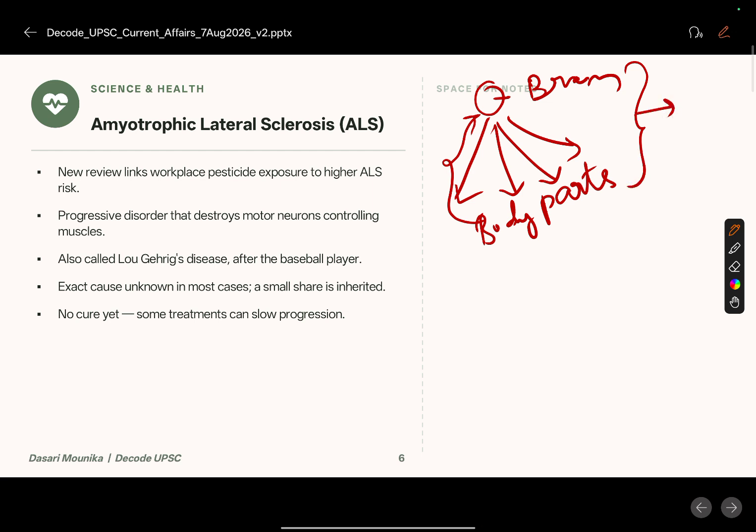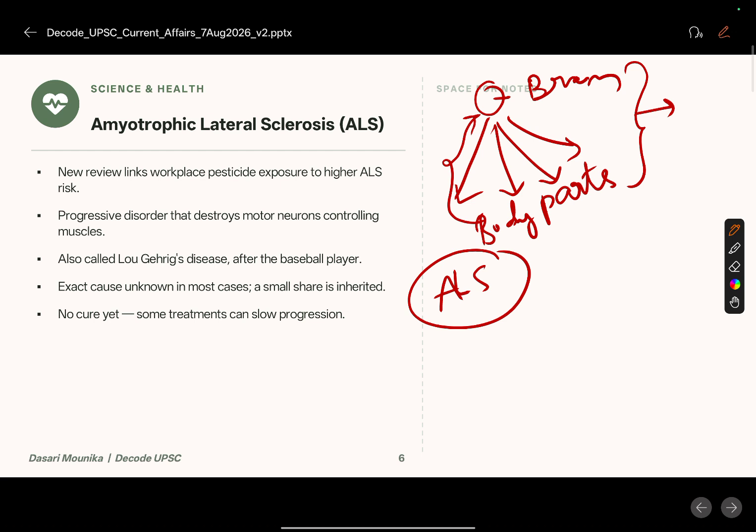We are able to sense pain, we are able to sense anything in our body parts. It's because of the coordination between the brain as well as the body parts.